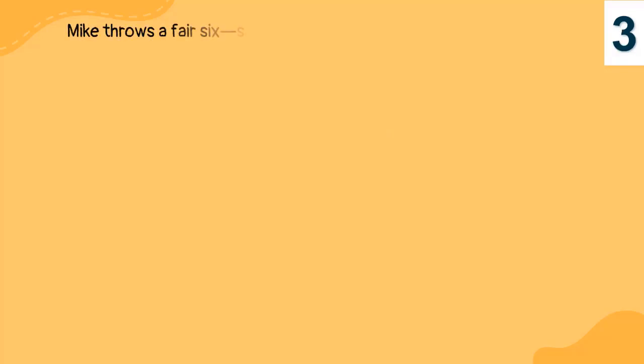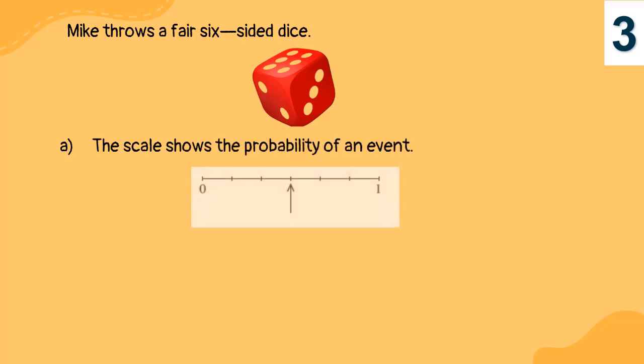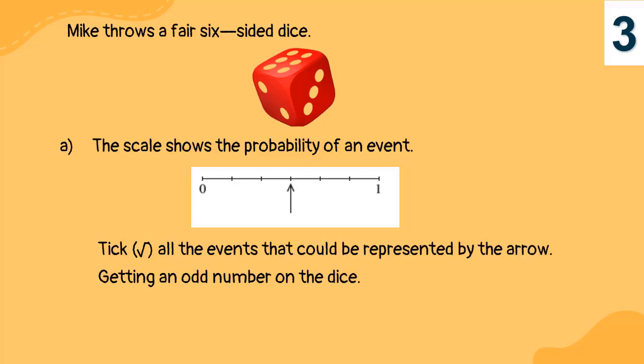Mike rolls a fair dice. The scale shows the probability of an event. Tick all the events that could be represented by the arrow. Getting an odd number on the dice.